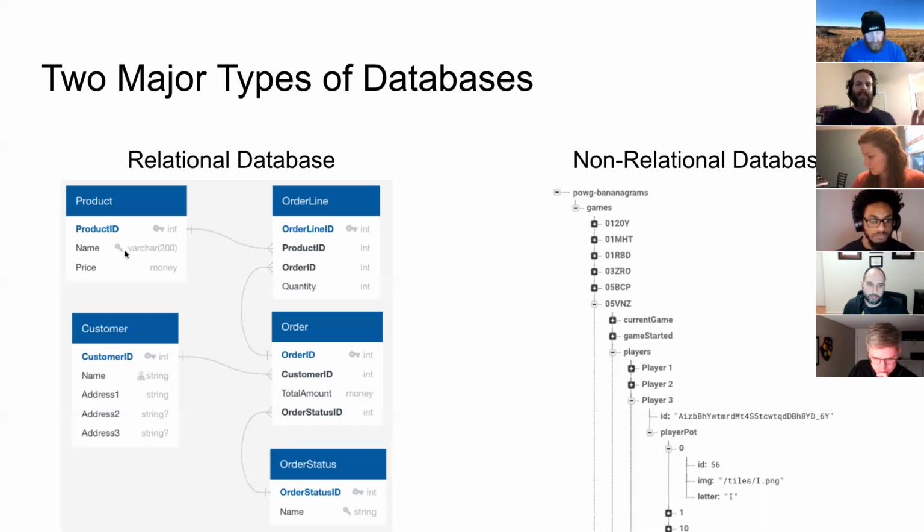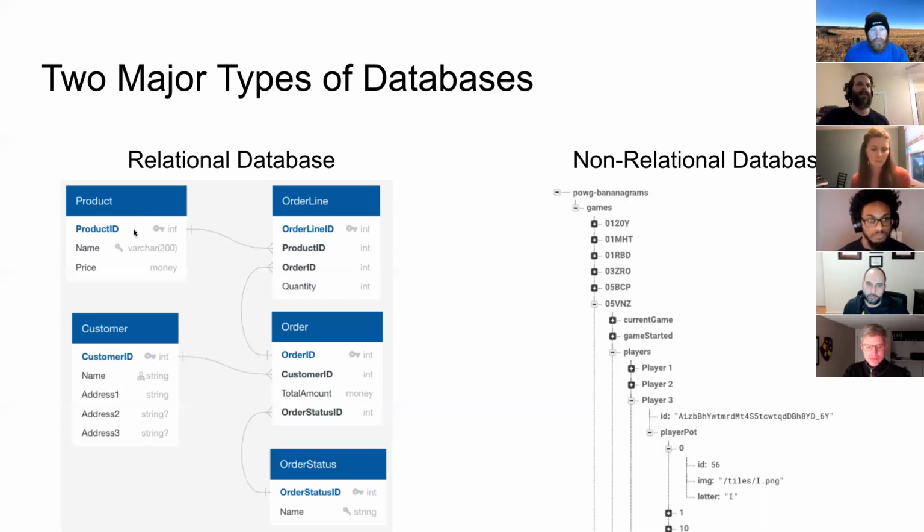You can have a database with just a single table, but typically where you really start seeing the benefit of a relational database is when you have multiple tables that are connected to each other. We don't have to go into detail here, but in this notation, this single line means one, and this little crow's foot with three prongs means many.